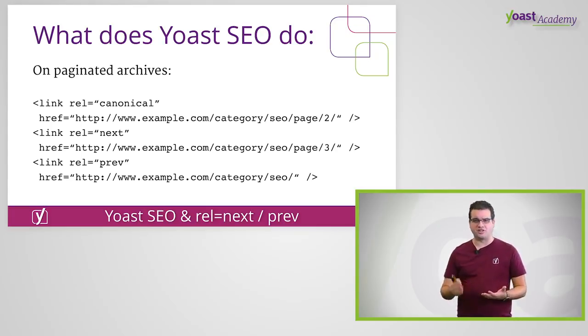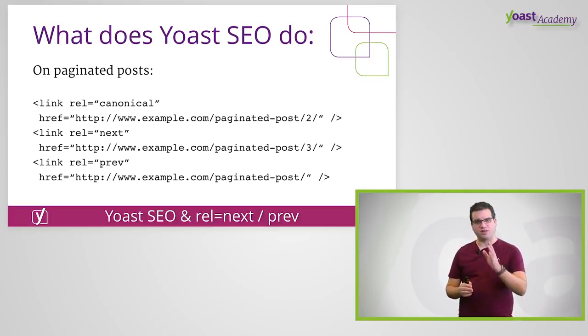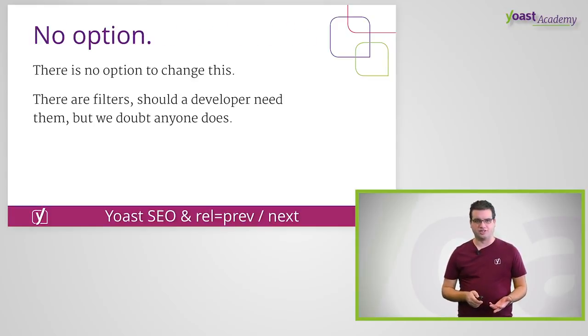And if you have a paginated post, so you've divided the post into several pages, we also do it there. We don't give you options for this. There are filters to change this should you need to, but we don't give you options because we don't think that you could make any better decisions on this than we can, and we don't think that you'd ever want to change this. So it's a hidden feature.